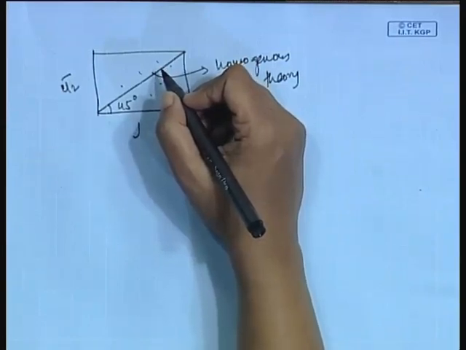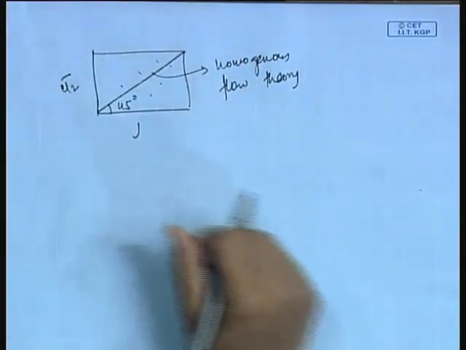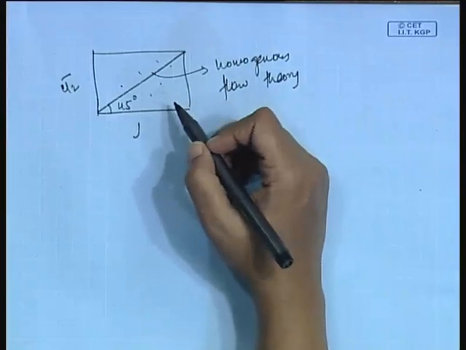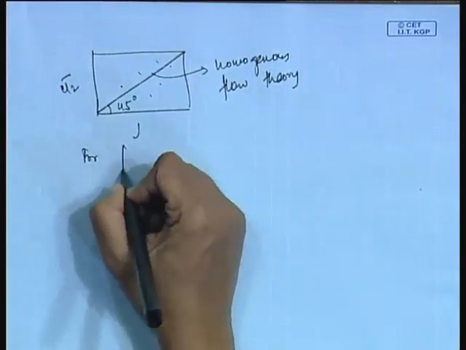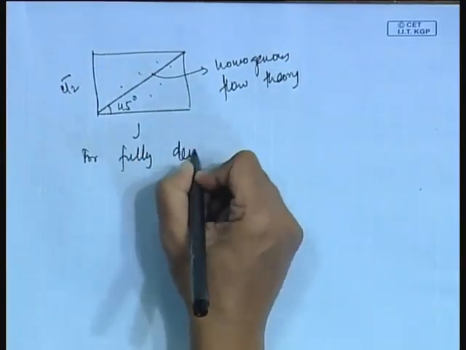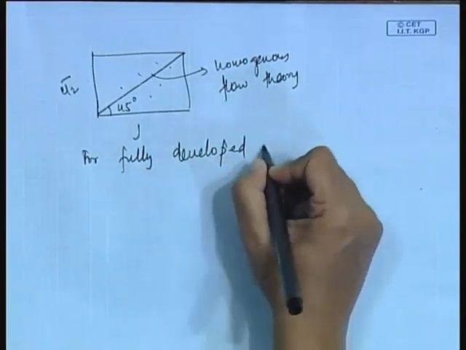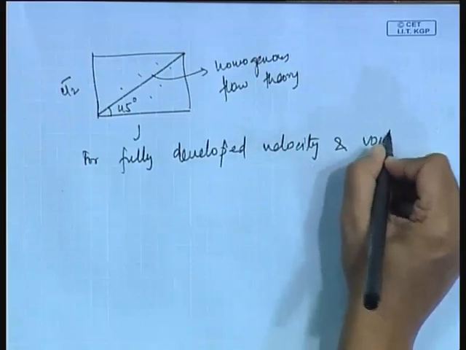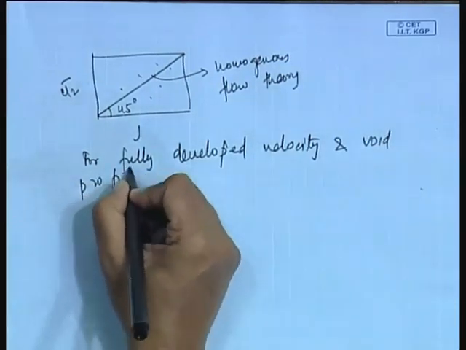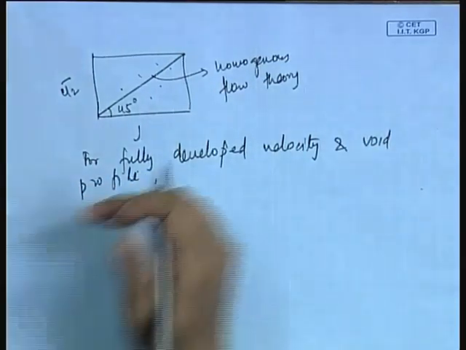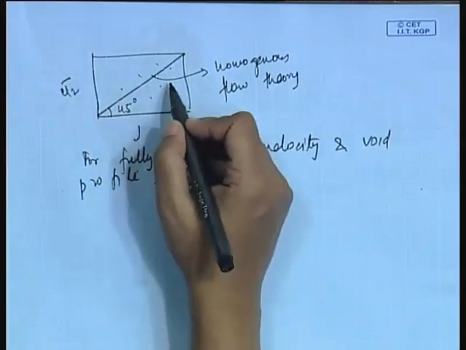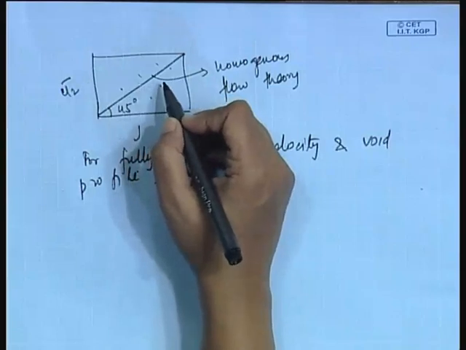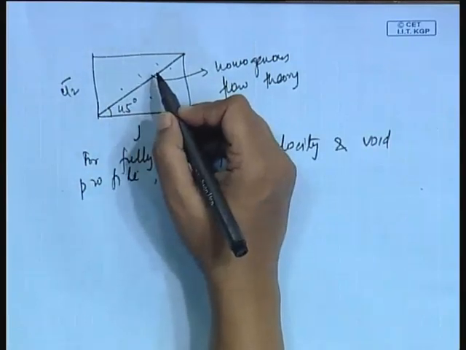Do you understand? Usually, whenever we have any experimental data for fully developed velocity and void profile, we make such a plot, and in that plot we substitute the data around this 45 degrees line. Okay.